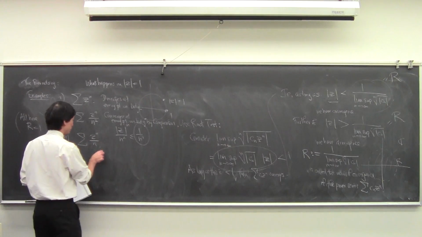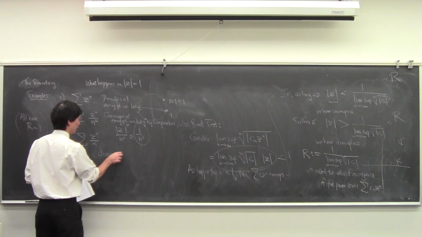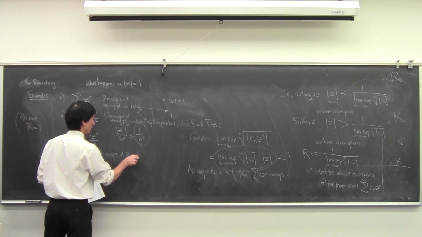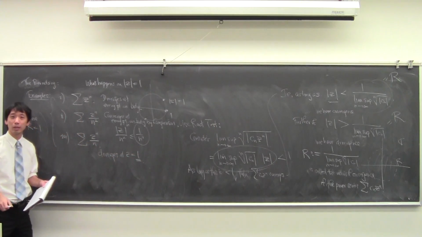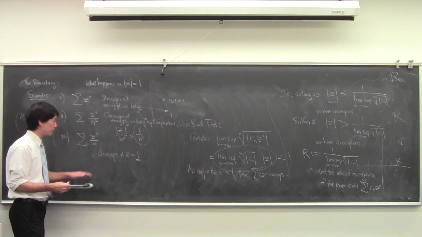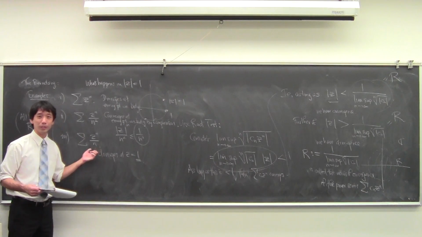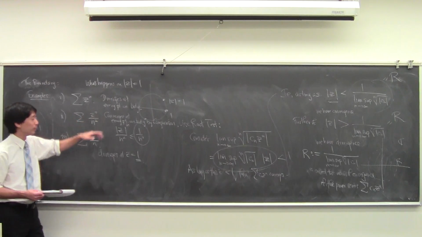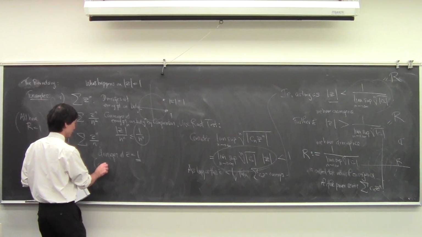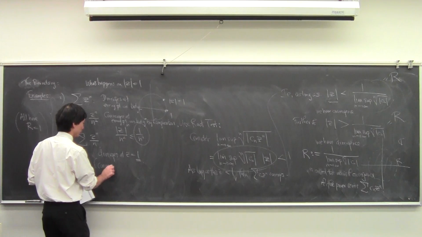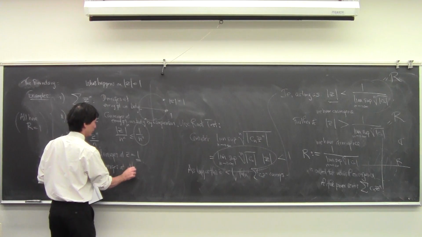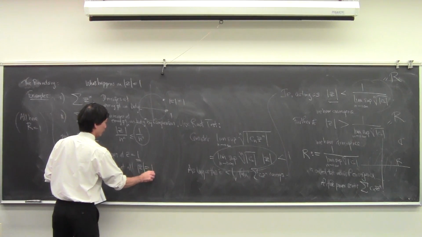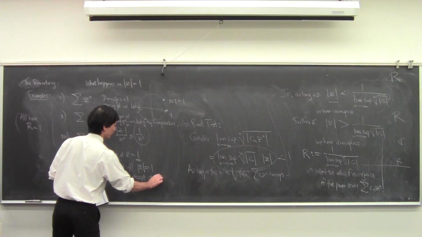So we know at least that this diverges at z equals 1. What we're going to see in a couple minutes, I hope, is that it converges at all other points on the boundary. In fact, it converges at all z with absolute value 1 except at 1 itself.